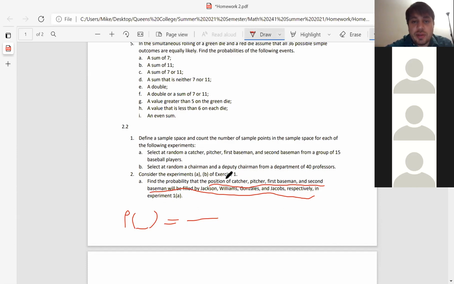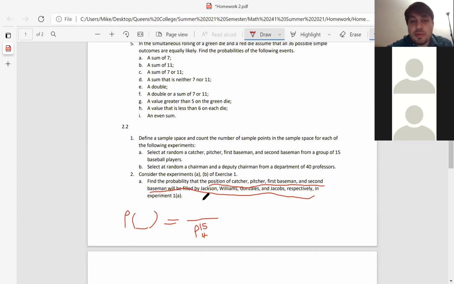There's 4 positions, but the order matters because the first one is going to be catcher, the second one pitcher, and so forth. So what we have here is 4 permutations of a set with 15 elements in it. There's 15 players, and we want to order 4 of them. So that denominator is 15P4.